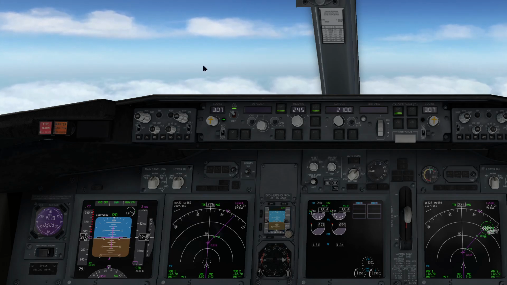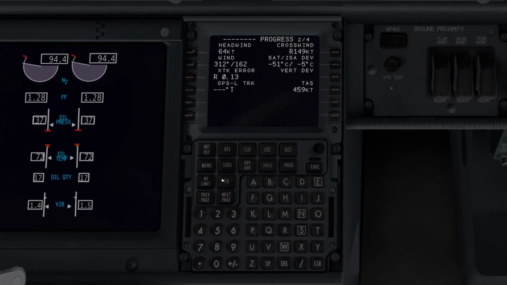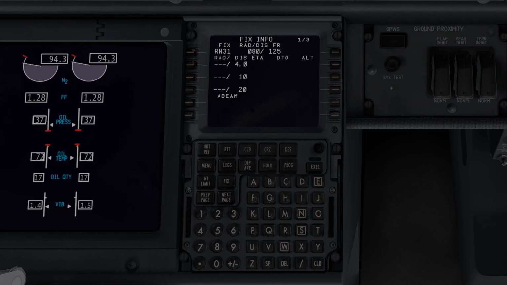We do not yet receive the signal from Gander, and that is a little bit weird. Gander is probably 125 nautical miles.